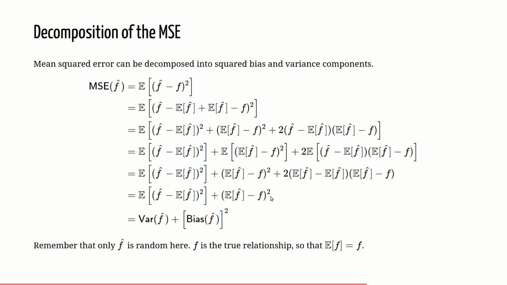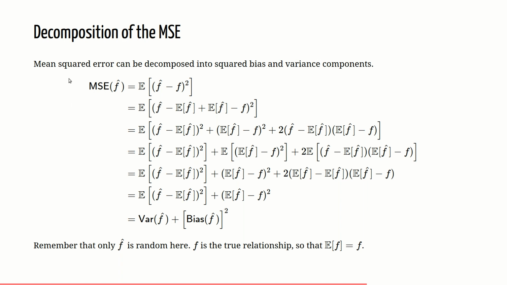So this is just the bias squared. And then this here is the variance. If you just look at this, this is literally the formula for the variance of f hat. Right? If you look at the formula for variance of x, it's just the expectation of x minus expectation of x, squared. Right, so the mean square error decomposes into variance and bias.